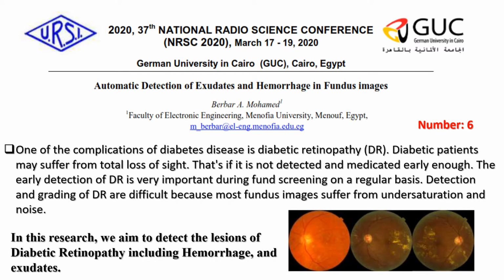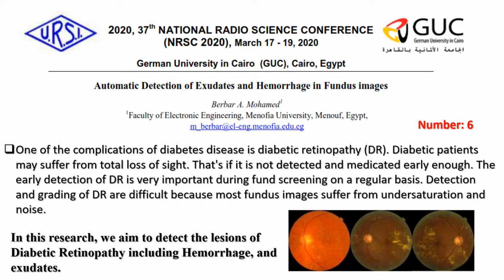The first research in that field is in article number 6. In this research, we aim to detect lesions like hemorrhages and exudates, and also to detect vessels, because the vessels could also be a sign of a problem if the number of vessels is very large or they are dilated.